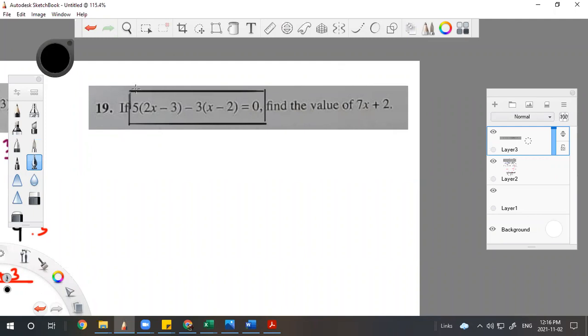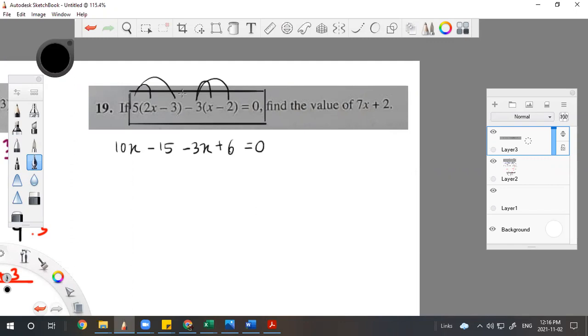So 5 times 2x is 10x. 5 times negative 3 is negative 15. And negative 3 times x, we have negative here, pay attention, negative 3x. And negative 3 times negative 2 is positive. Remember, minus times minus is plus, right?